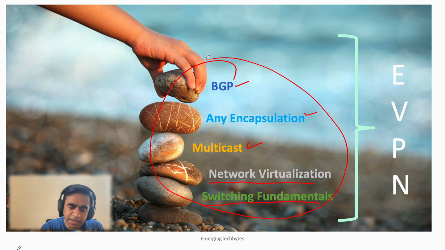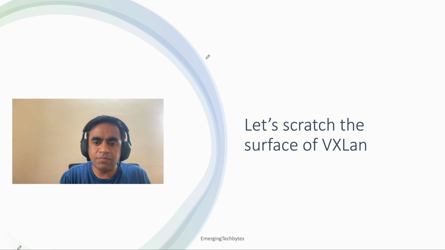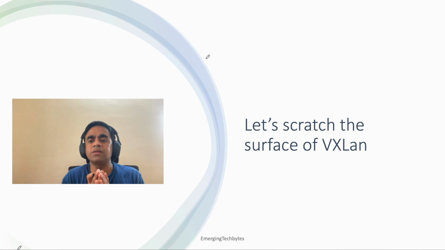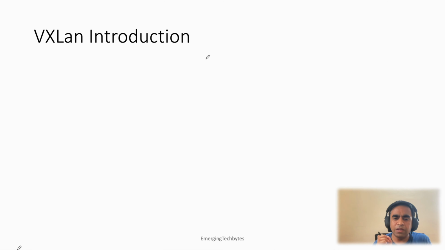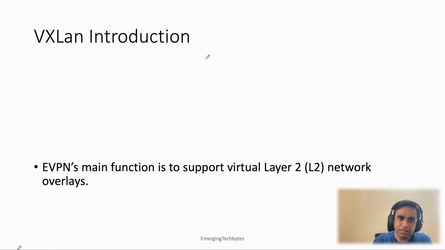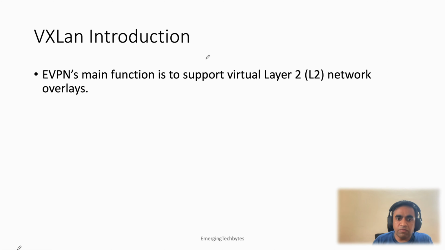Okay. So with that, now let's scratch the surface of VXLAN, what VXLAN is. I have touched on this in the previous videos, but here let's look from the introduction perspective. Again, I'm reiterating this point: EVPN's main function is to support layer 2 networks.